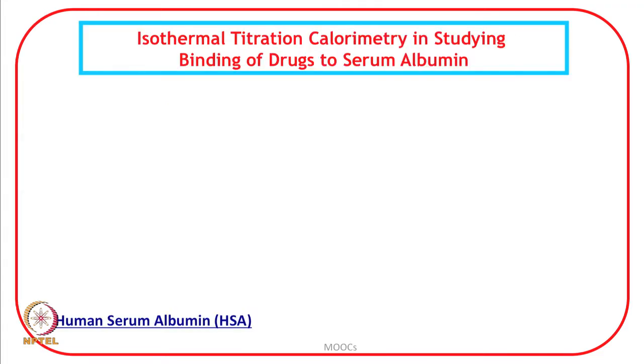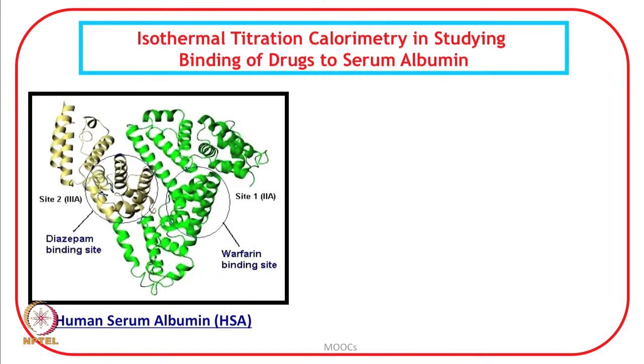And let us have a small discussion on what is the need of studying protein ligand binding interactions. First of all, let us talk about the interaction of a variety of molecules with a protein like serum albumin.